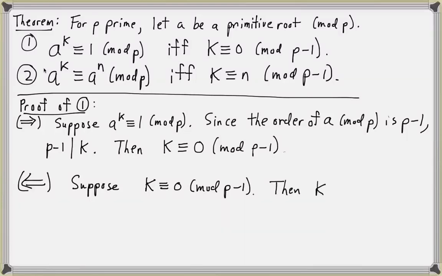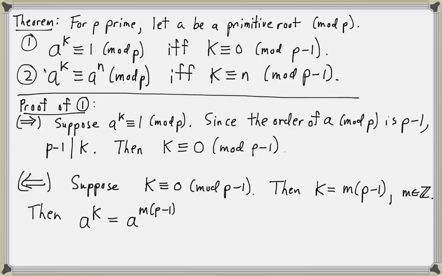And k equals m times p minus 1 for some integer m. Then a to the k equals a to the m times p minus 1.